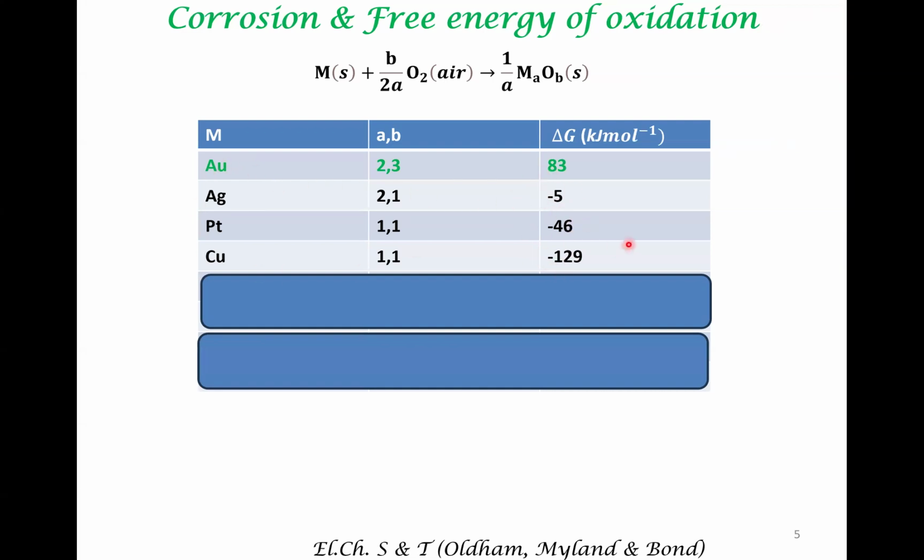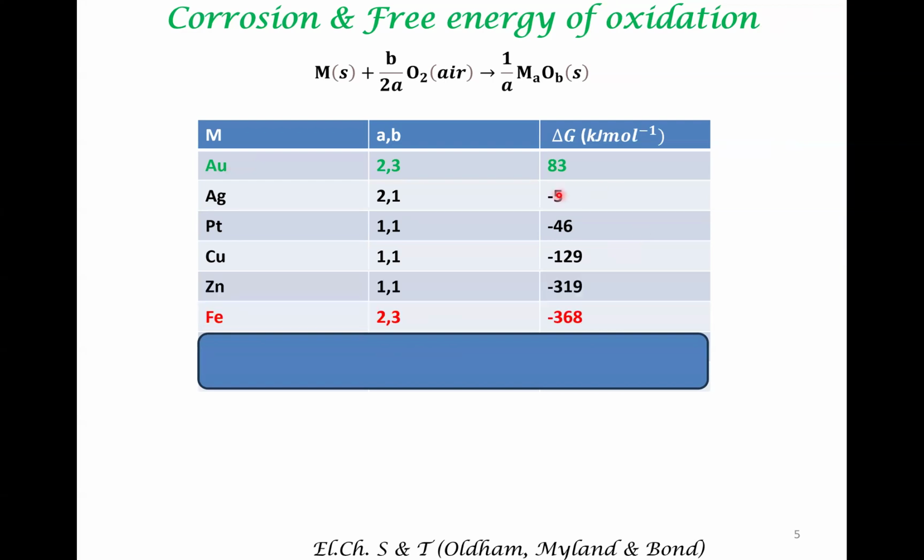So this is one class of material. This is another class of material wherein the delta G of oxidation, metal oxidation, is much more negative compared to this set. So if you look at the trends, what we have done is that chemically we have gone from more noble metals to less noble metals. Gold, silver, and copper are in the same period of the periodic table.